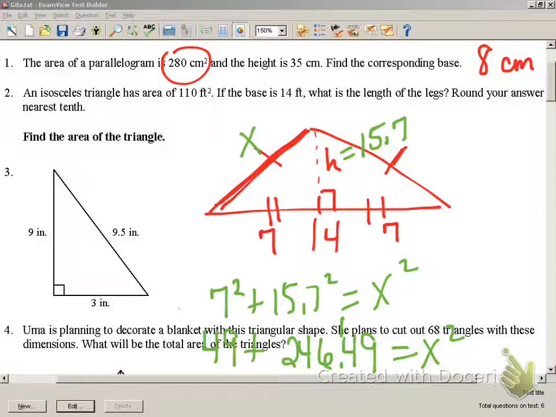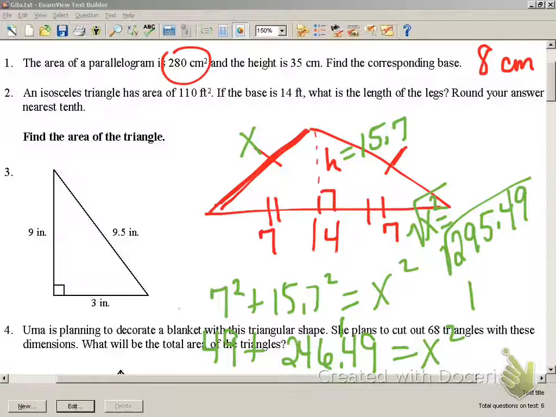So right here I have 295.49 equals x squared. So in order to solve for x, I have to take the square root of that, which gives me, if I round to the nearest tenth, 17.2 for x. So we found number 2, that is 17.2.